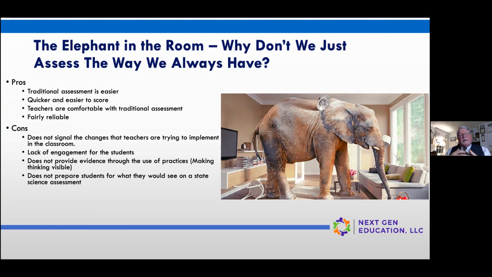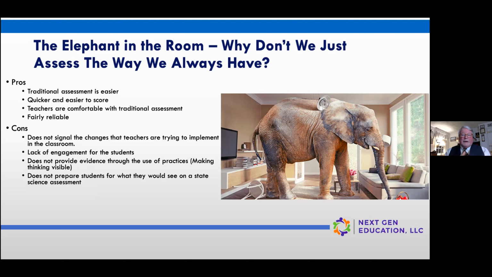But the bottom line is, every time I talk with teachers that are implementing new standards, whether they started out in 2013, or in the case of Minnesota, I saw my colleague John Olson, that came out in 2019, the elephant in the room always is, why don't we just assess the way we already did?